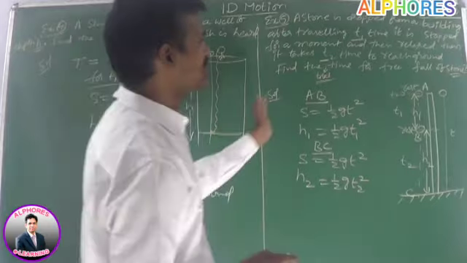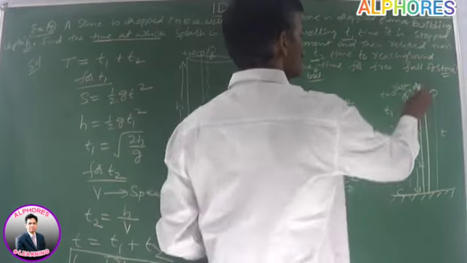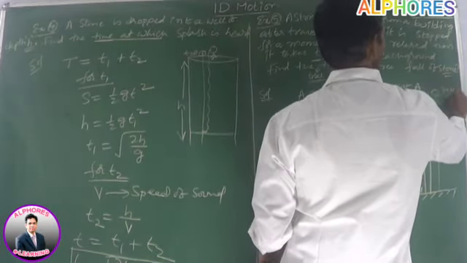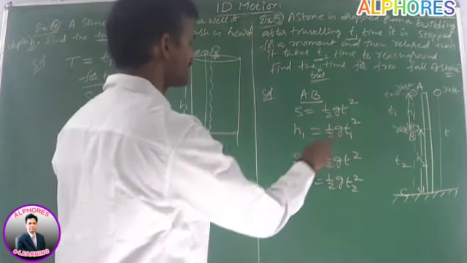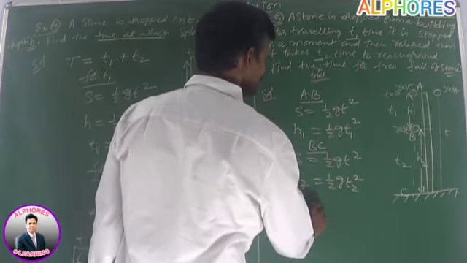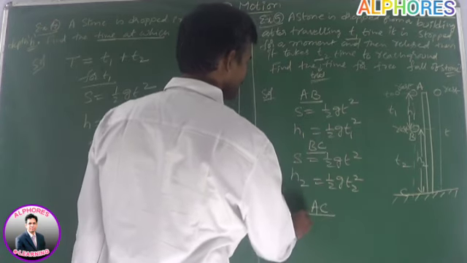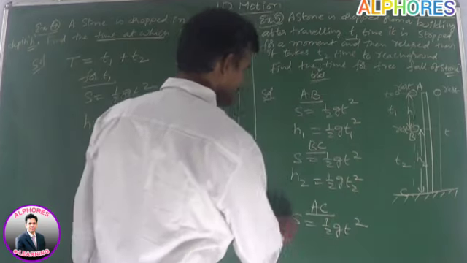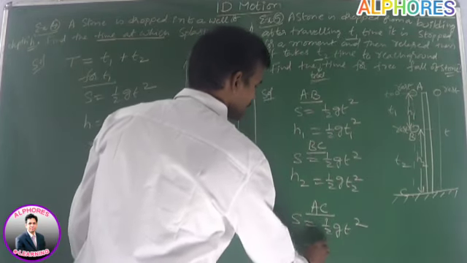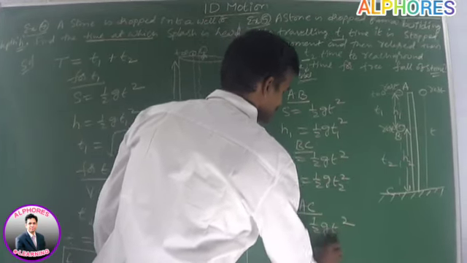Now consider the third case, that is if the stone is released from the top and it falls freely, undisturbed, then it takes time t for the AC journey. I am again using S is equal to half g t square. Here S is h, that is equal to half g t square.